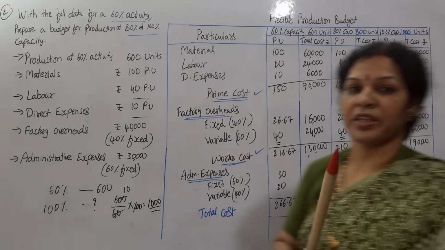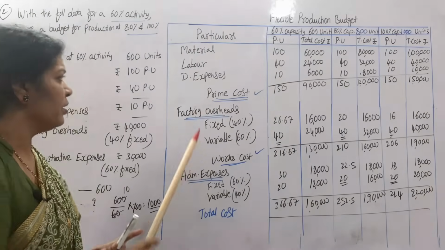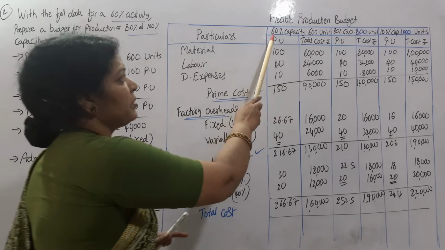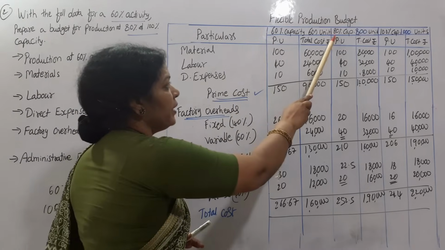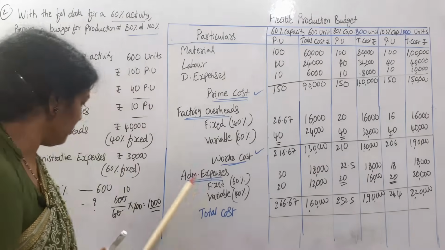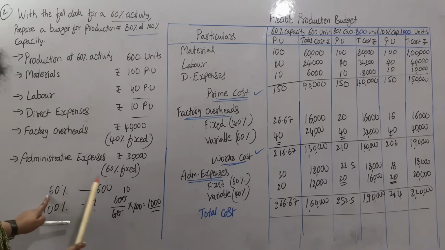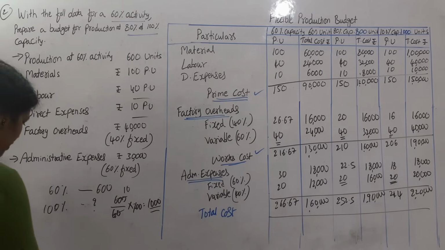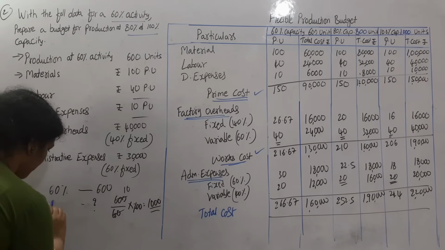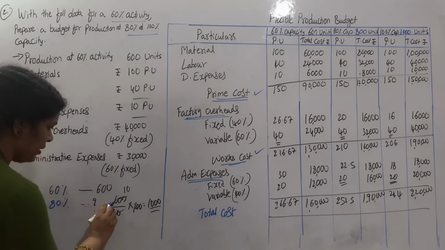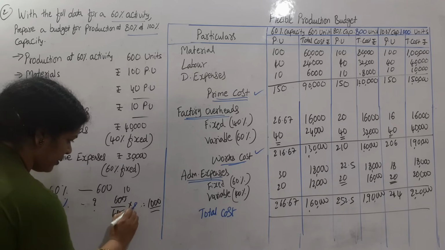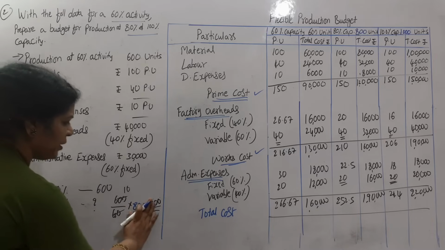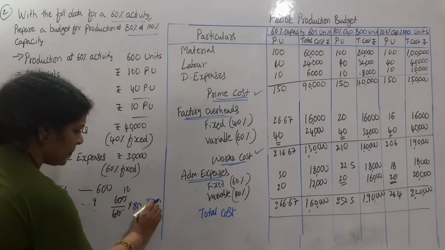Now when it comes to the calculation, please be careful. First thing is 60% capacity is 600 units, so 80% capacity how much? For 60% it is 600. For 80% it is 600 by 60 into 80. You will be getting 800.